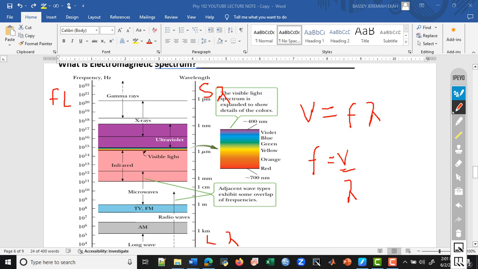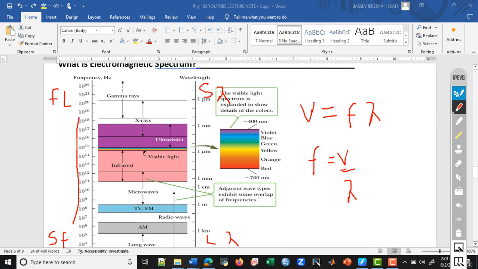Here we have a long wavelength, so indirectly we are referring to a short frequency. So if you are asked to list members of the electromagnetic spectrum in order of increasing frequency, you have to start where you have a short frequency and then begin to list them.